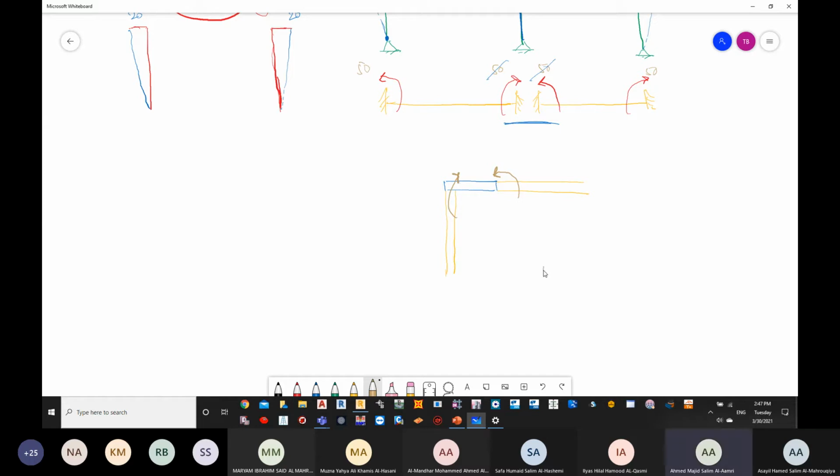So if this is my column, you will see that this column is going to be pushed to the left, and once again this column is going to be pushed to the back side. So it goes in two directions. So we have one value of moment of x and another value of moment of y. These are not in the same direction.